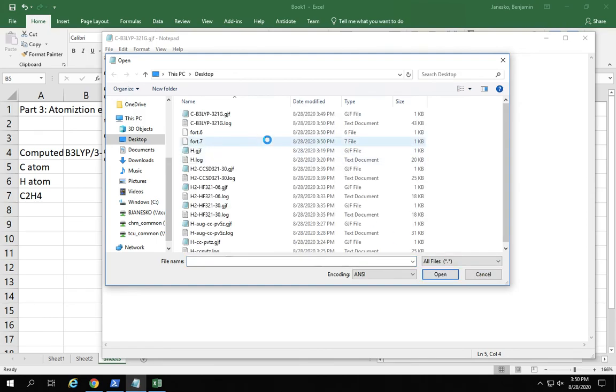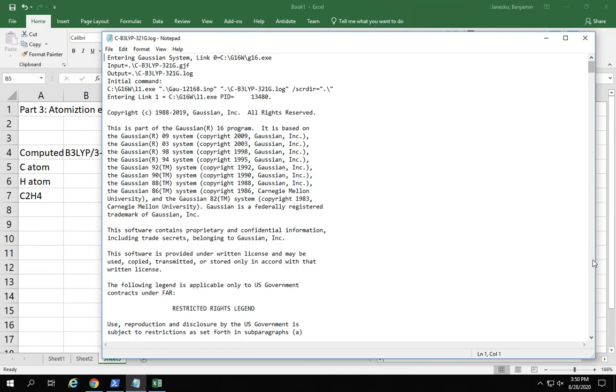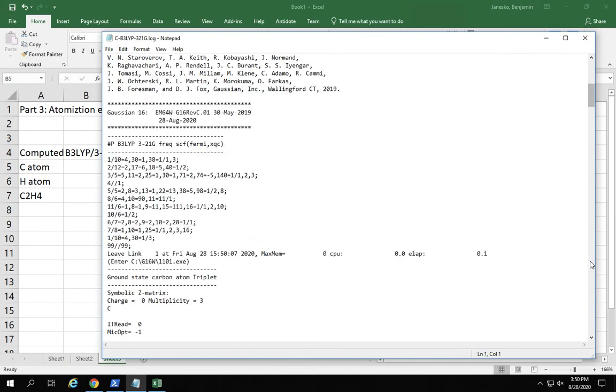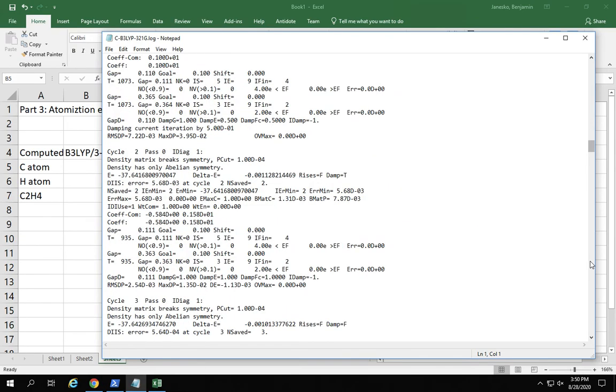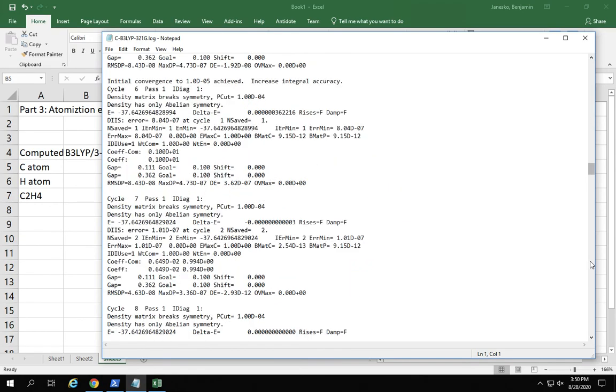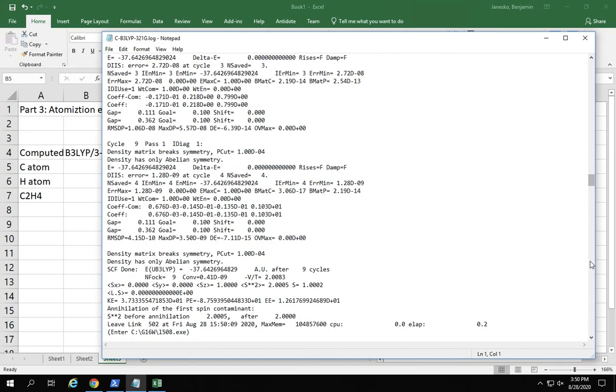Look at my log file. Let's see. My first SCF done: minus 37.64269.